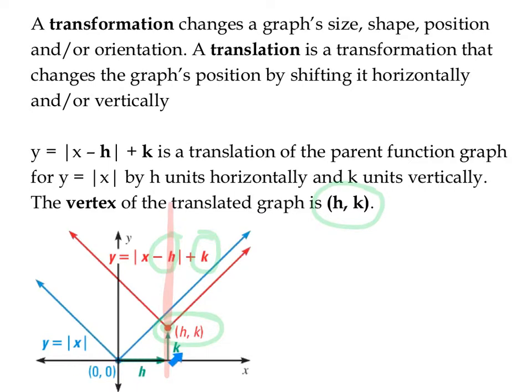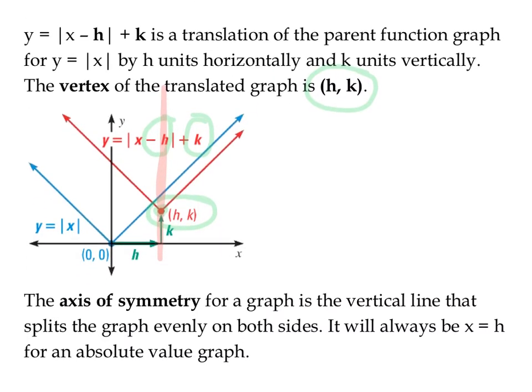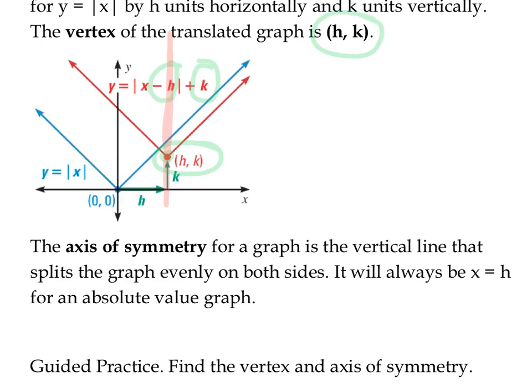That's where the vertex will be, however we moved it left or right. Here we're going from 0, 0 over h and up k to get to that point. So the axis of symmetry again goes right down through the middle of the graph. It's that vertical line, always with an equation of x equals h, where h is the x value of the vertex.